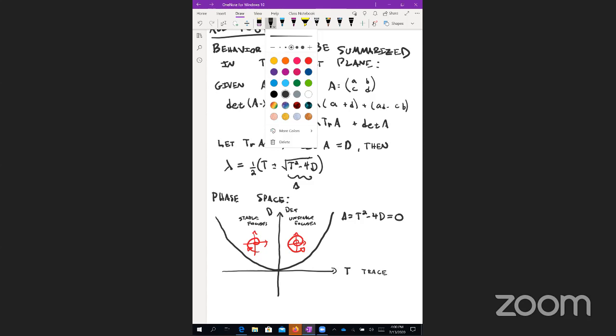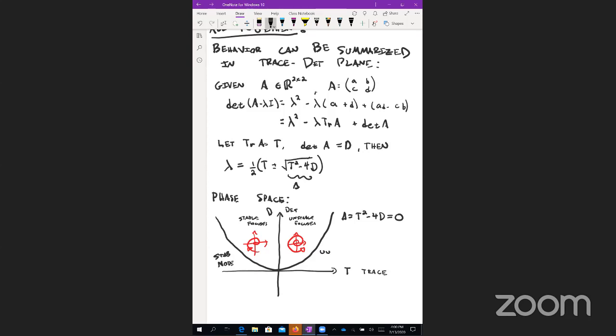So we're going to stable focus. Stable nodes. Unstable nodes. And then finally, for everything below, semi-stable.